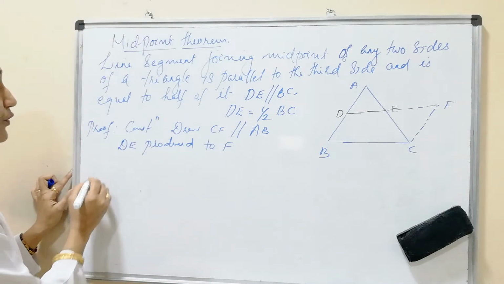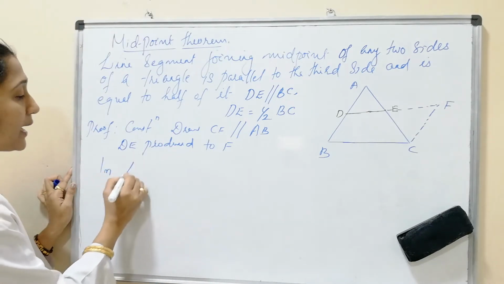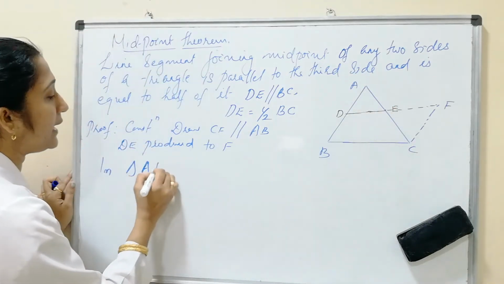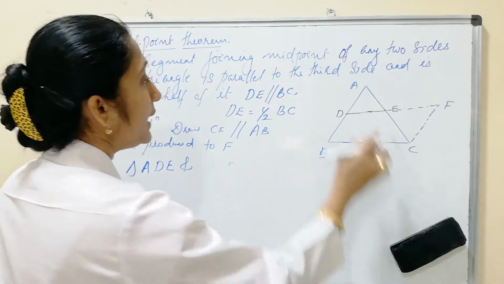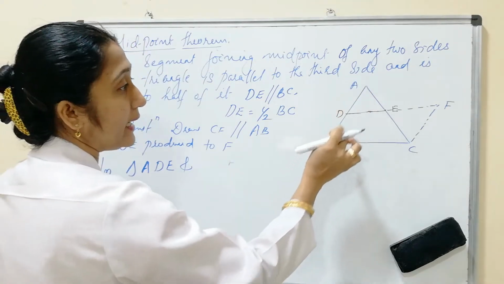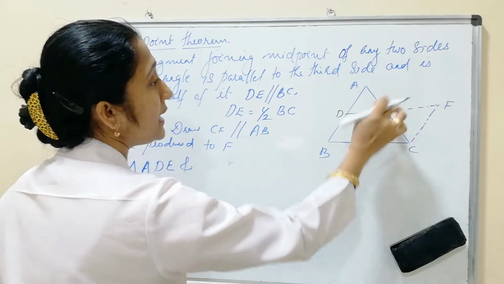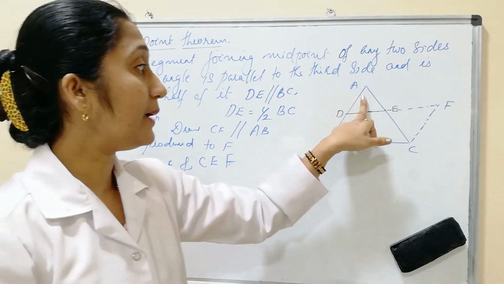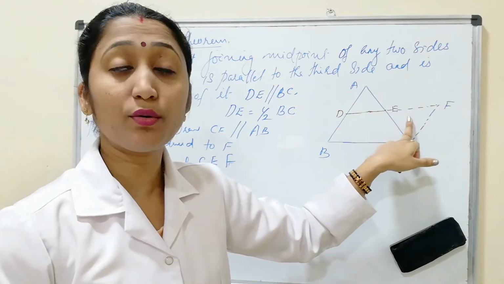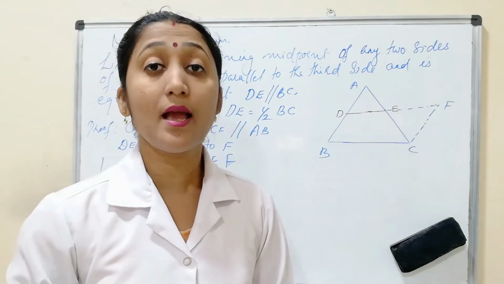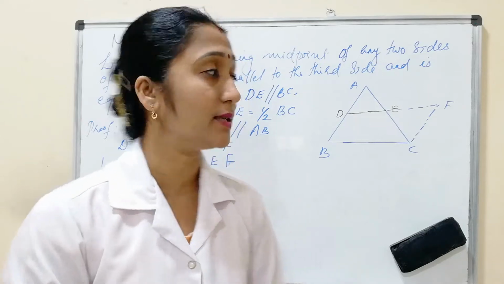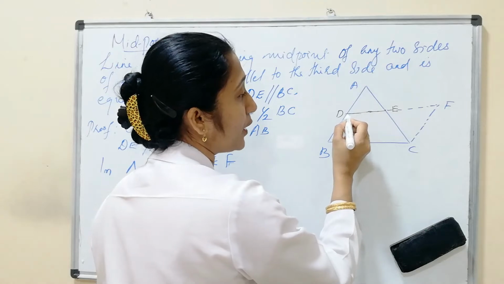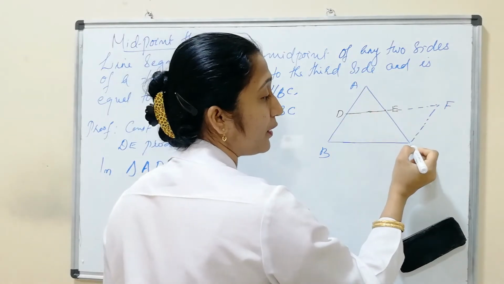For the proof, first we take triangle ADE and triangle CEF. We take these two triangles and want to make them congruent. Listen here. We know D is the midpoint of AB and E is the midpoint of AC.